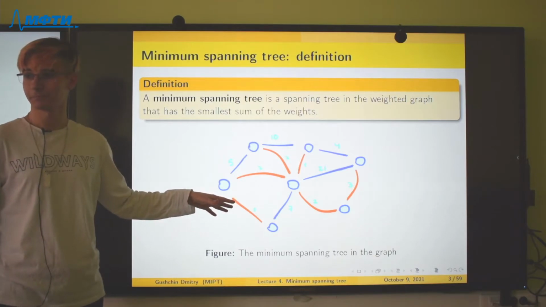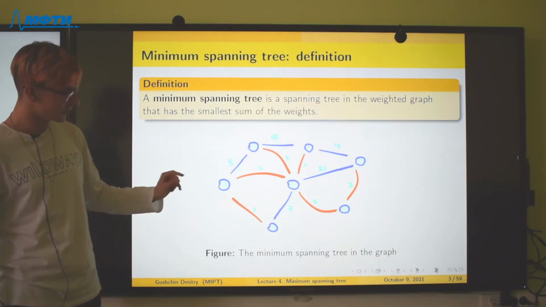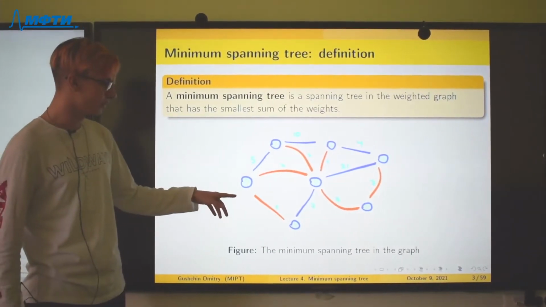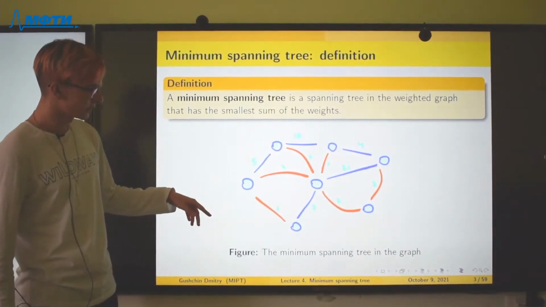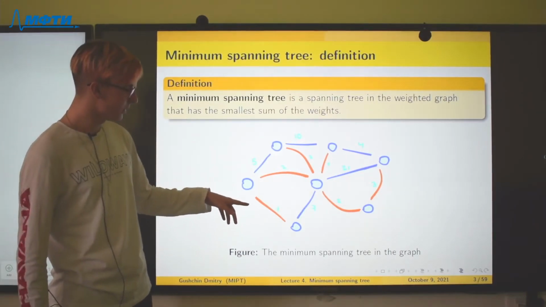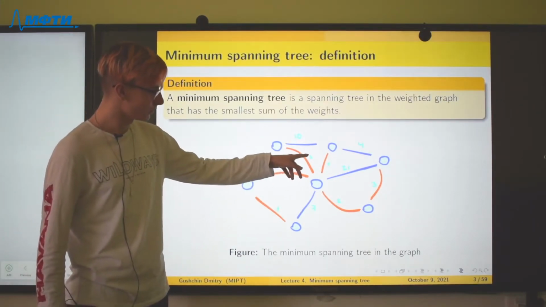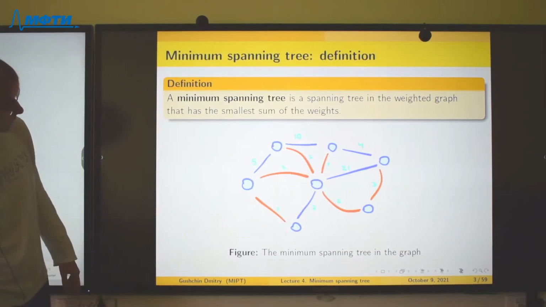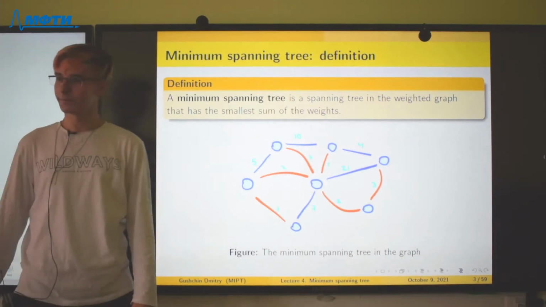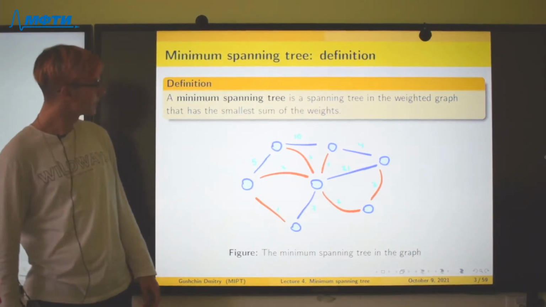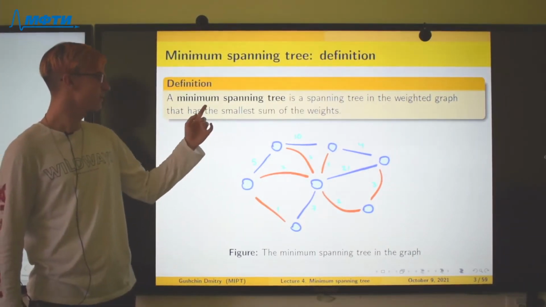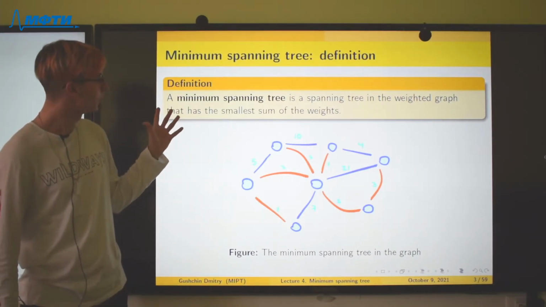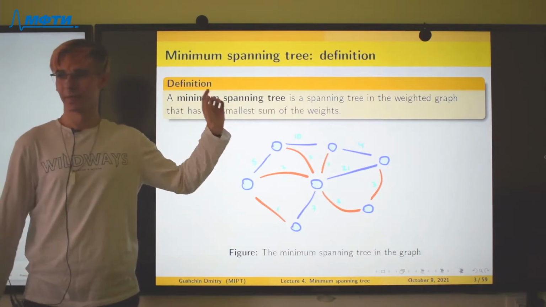For example, in this subgraph that I emphasize by orange color, the sum of the weights equals 1 plus 2 plus 2 plus 2 plus 1 plus 2 plus 3, and it's equal to 11. So we say that a spanning tree is a minimum spanning tree, and we write MST shortly.